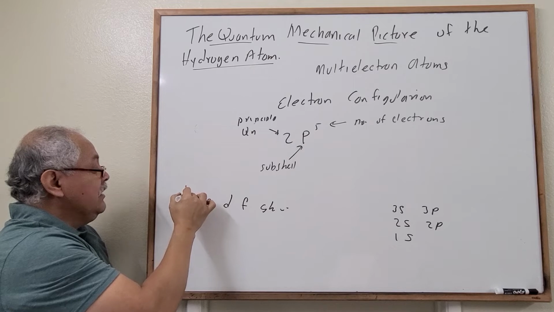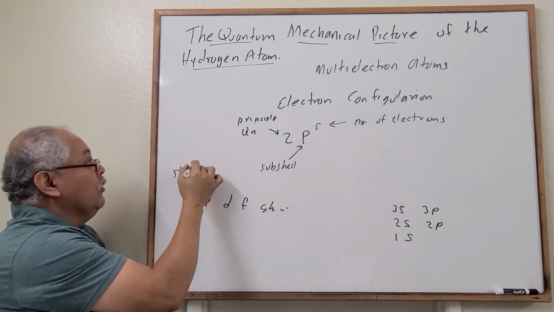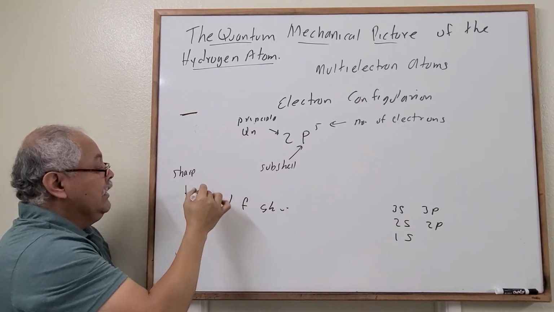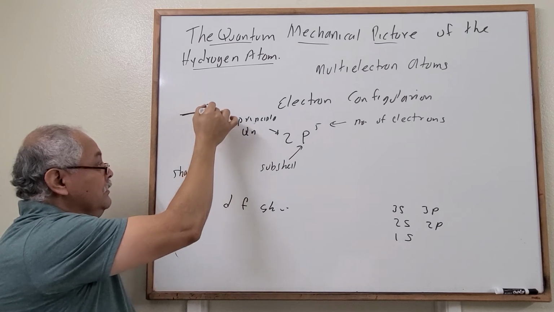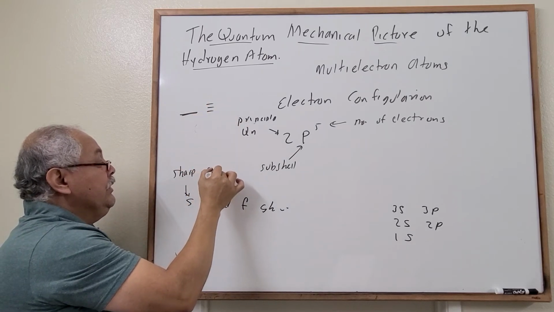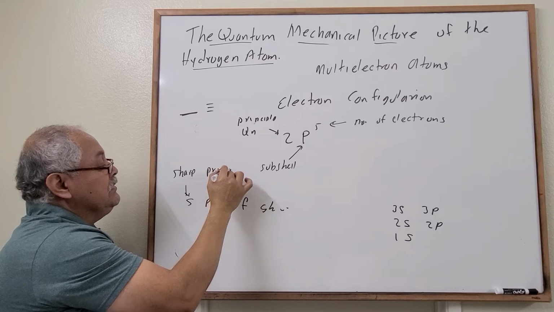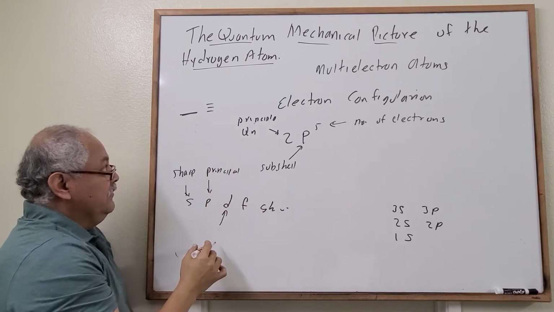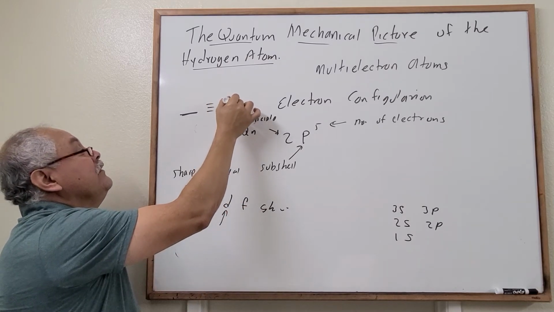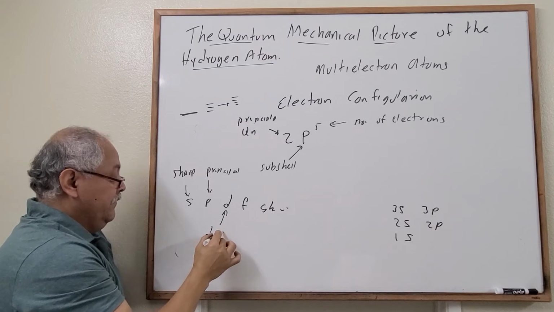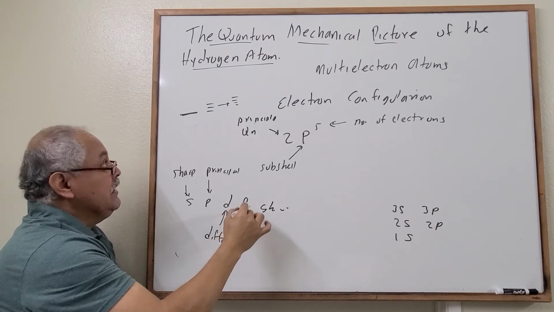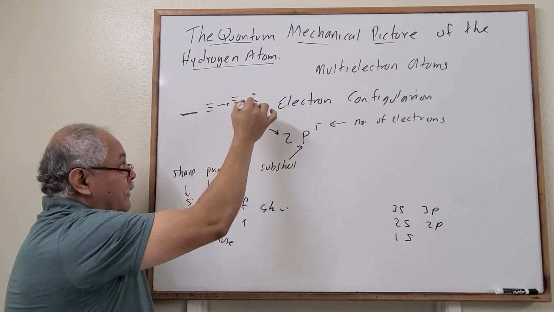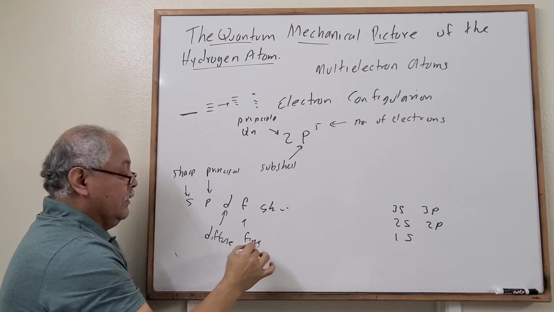This s stands for sharp. When we're dealing with lines, it's very sharp. This stands for principal. This stands for diffuse. Diffuse. And this stands for fine spectral lines.